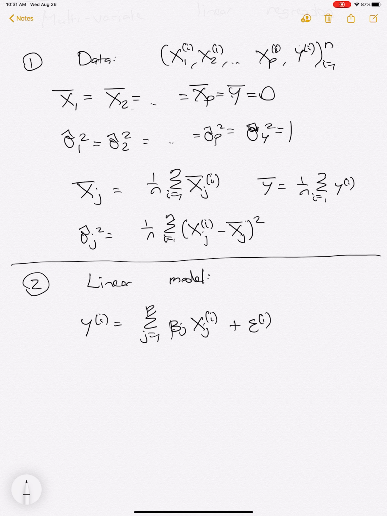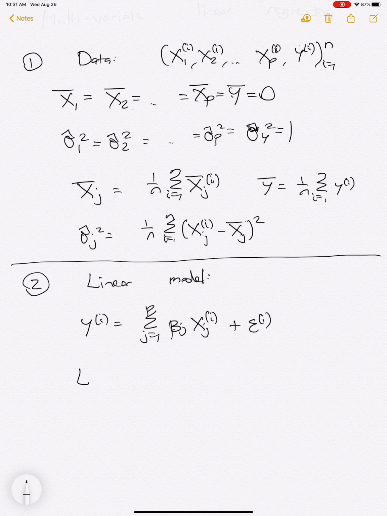What you'll notice here that's different is I don't have an intercept term, and that's because I've already centered the variable. The intercept term should just be 0 here, because you saw in the simple linear regression case that once you center, there's no need to have an intercept term. And once again, we have a noise term here.